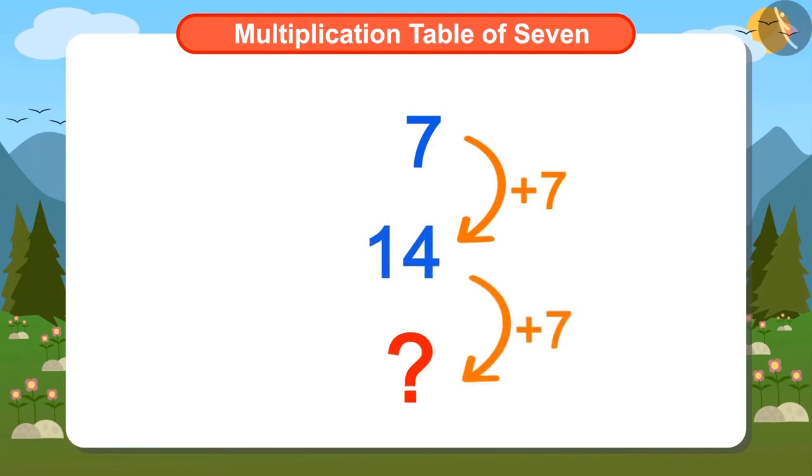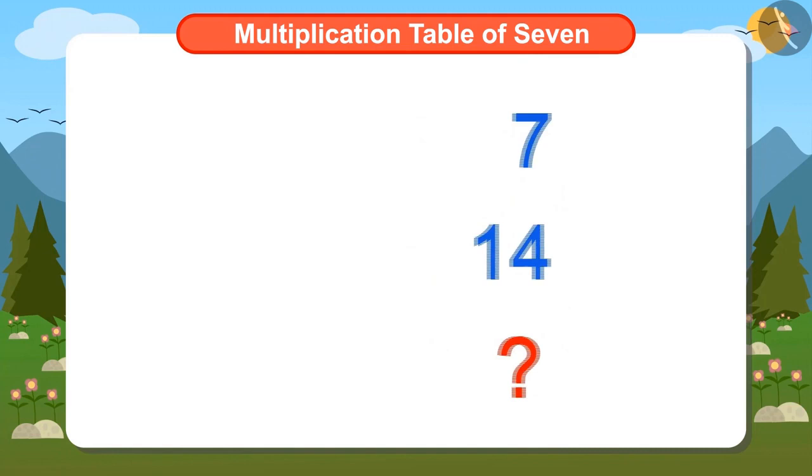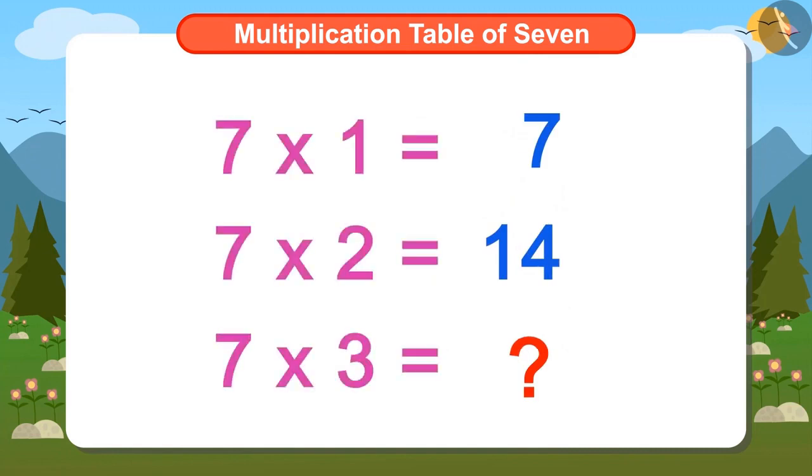Do you remember where we did this kind of calculation first? You are absolutely right. We have done this kind of calculation while learning multiplication tables. So is this also a table? Oh yes, this is the multiplication table of 7.